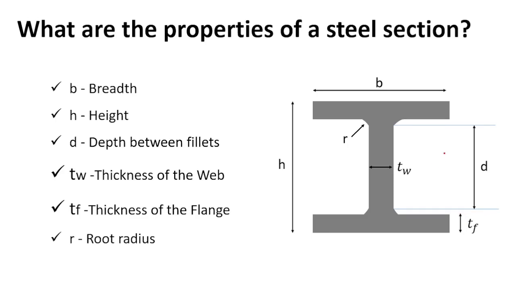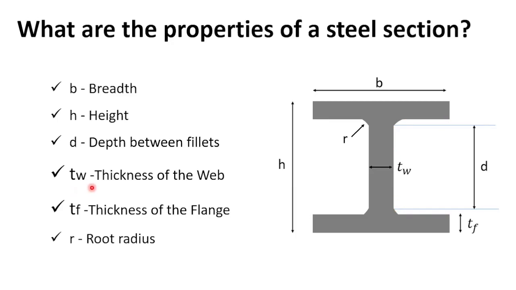Please note that this is not this distance, right? It starts just below this line and just above this line. So please keep in mind this D is the distance from this point to this point.